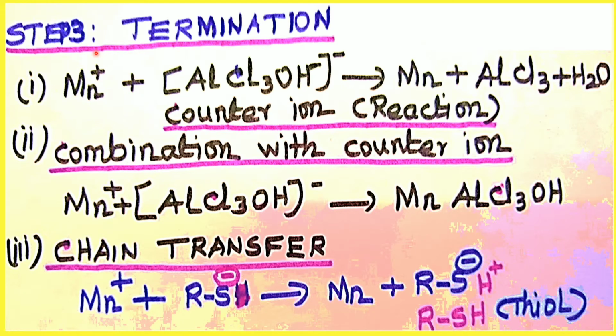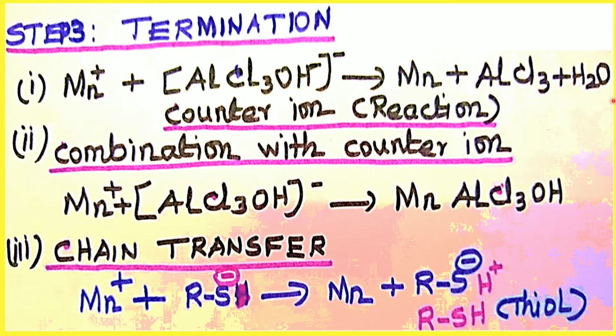There are three types of termination steps involved in this polymerization. The first one is the reaction of counter ion with Mn plus, that is MnH plus, to give Mn plus AlCl3, water.